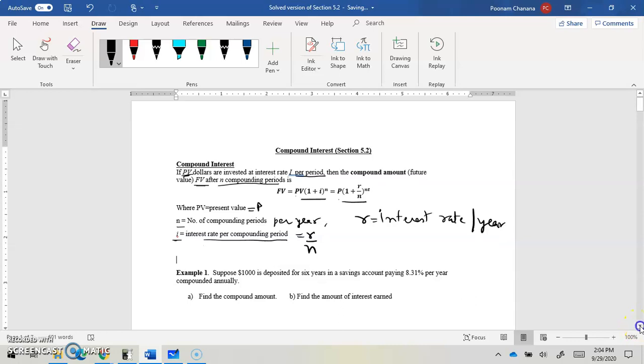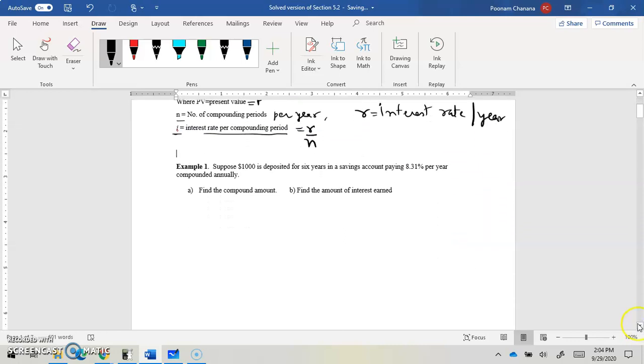Okay. So let's see how we can use this. Suppose we have $1,000 deposited for 6 years in a savings account which is paying 8.31% per year compounded annually. Okay. So let's see what we have been given. The principal is $1,000.